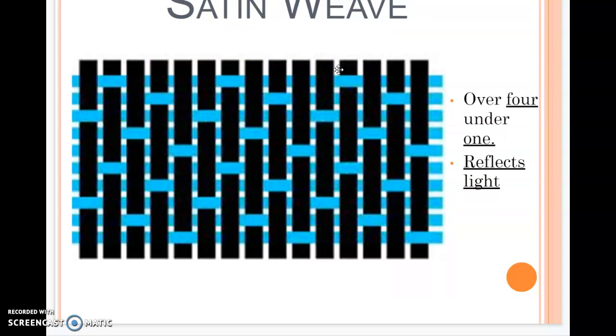Okay, and this one is over 4, under 1. It oftentimes reflects a lot of light. It is very common to snag, a little bit more delicate. So you can see here, there's a lot more pieces being shown, a lot more surface area exposed and not being broken up by the cross weave.